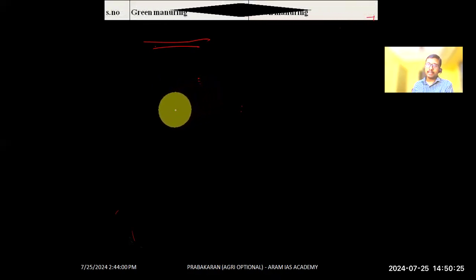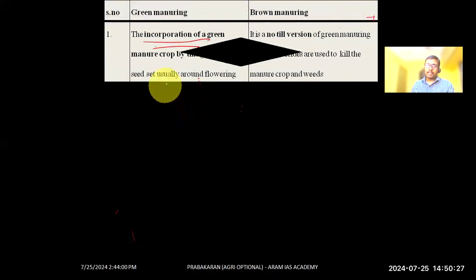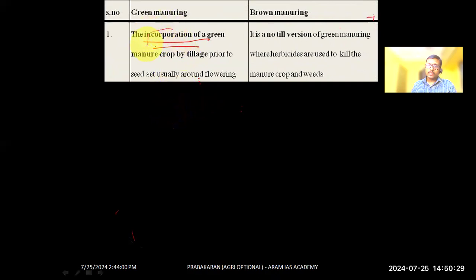Let's see the difference between green manuring and brown manuring. The incorporation of green manure crops was done by tillage. Here the tractor was used and tillage operations were performed. Whereas brown manuring is the no-till version. No-till version means it comes under conservation agriculture.